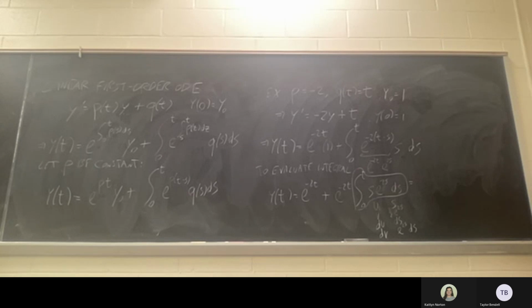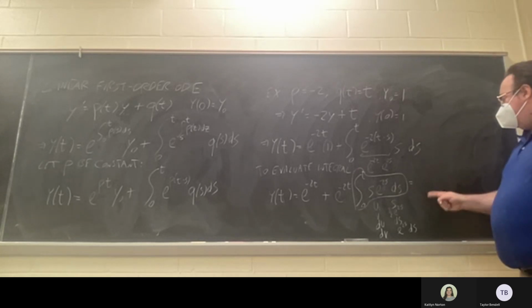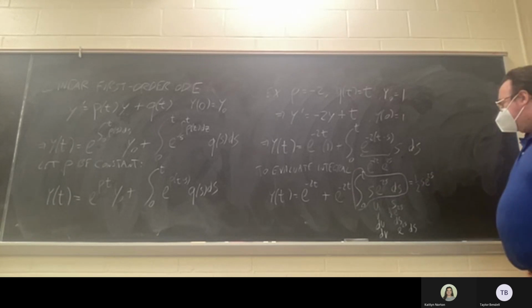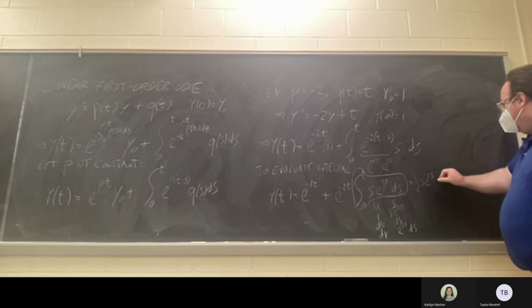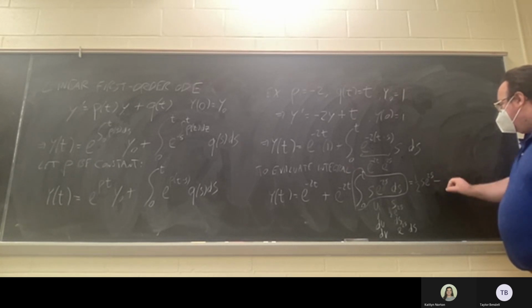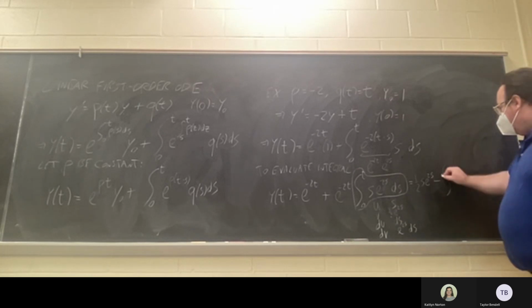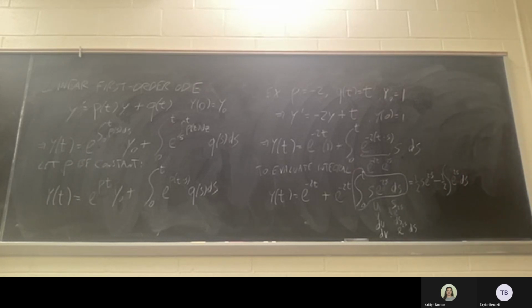What we get is u times v, so that's 1/2 s e to the 2s, and then minus the integral of v du. So we have a 1/2 out front, and then we just have e to the 2s ds. And that works out nicely enough.